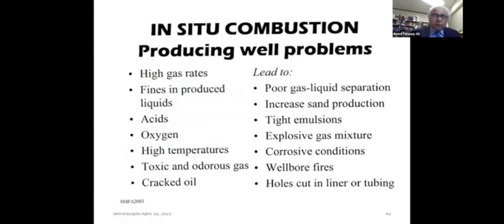There are many problems with in situ combustion, especially the producing well problem. Well problems are what makes the combustion uneconomic. High gas rates, fines, and high temperatures will literally melt your casing, tubing, everything, and all the other problems.